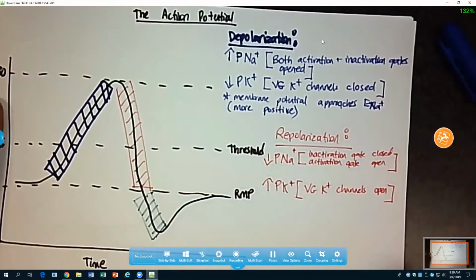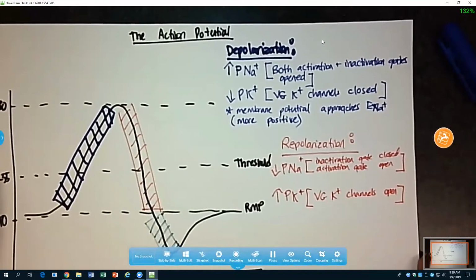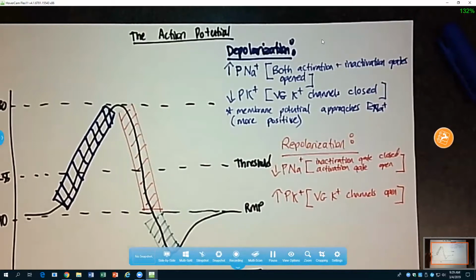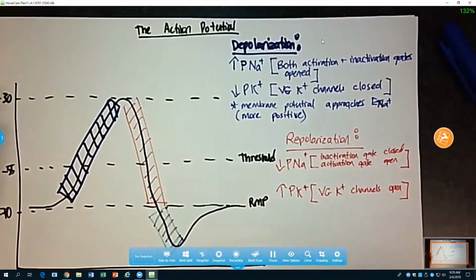What does this do to the membrane potential? If we close sodium and open potassium, what are we doing? Making it more negative again. Perfect.